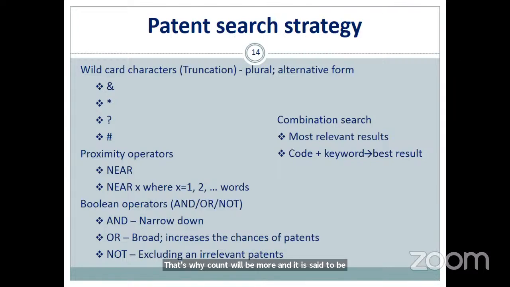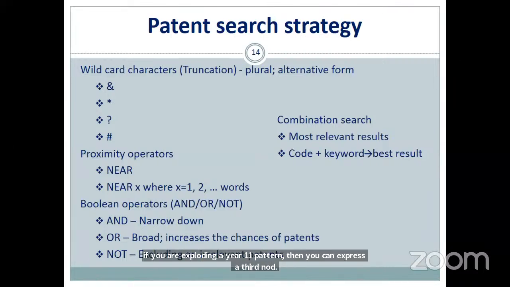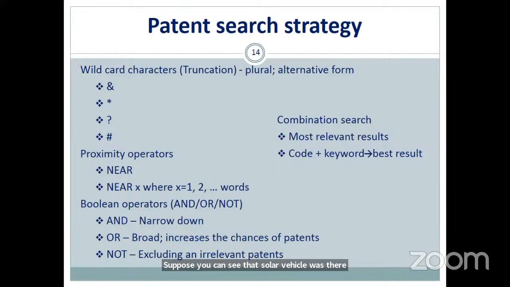Now, if you are excluding an irrelevant pattern, then you can express it as NOT. Suppose you can see that solar vehicle is there and you are looking only for a solar vehicle with a car. For solar vehicle, you are not looking for an auto vehicle. In that case, you can mention it as solar vehicle and car, or else you can mention solar vehicle not auto.